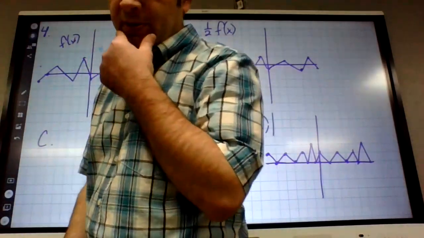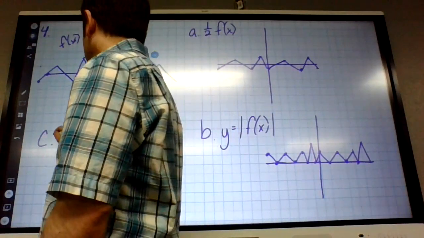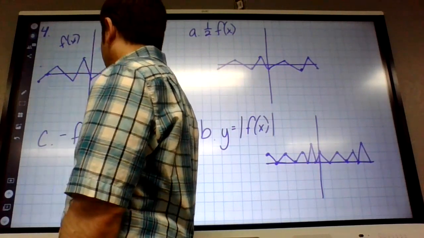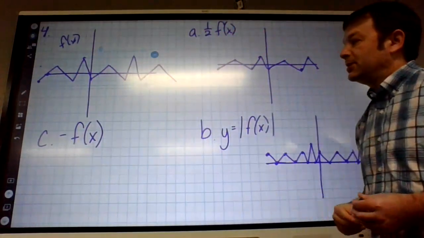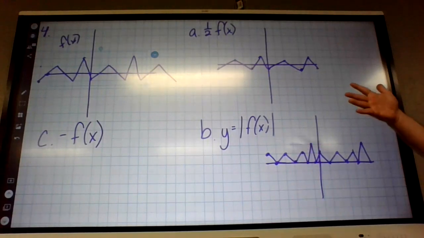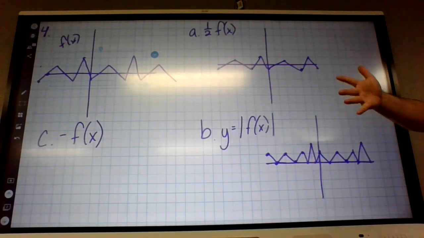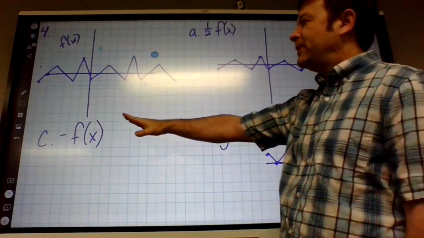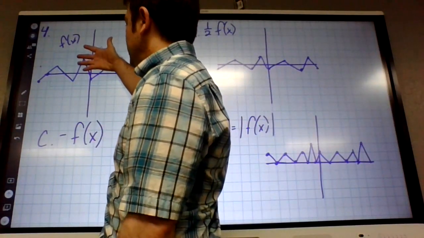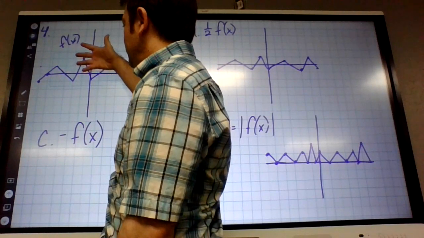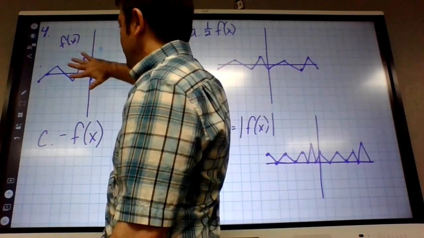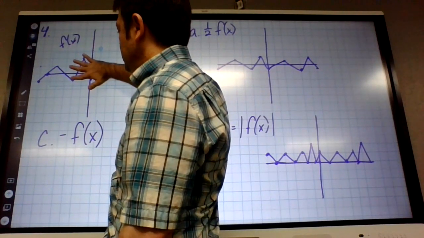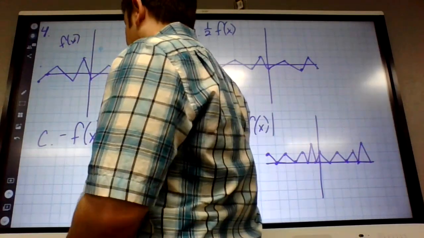Alright, maybe this next one won't be so messy. Negative f of x, if you make the function negative, what's it gonna do? What kind of flip? Vertical. Okay, all the function values are basically the y values. So when you make the whole function negative, all the y values switch. So it's gonna be upside down.